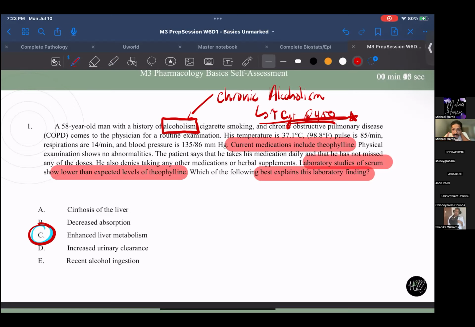Be careful with this though, because acute alcoholism decreases cytochrome P450. Be very careful with that. High chronic, you get a lot. Acute binge drinking, you have low cytochrome P450. All right, good.